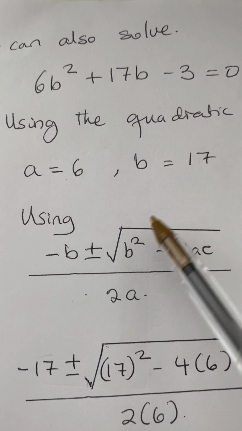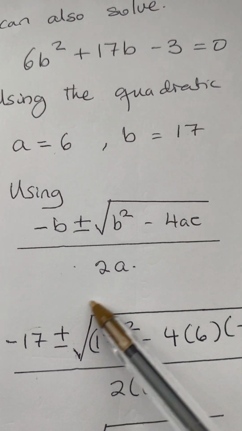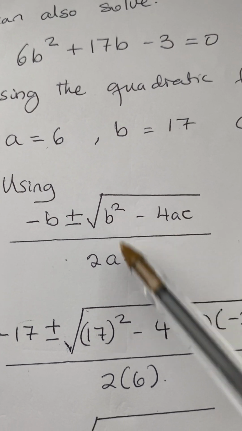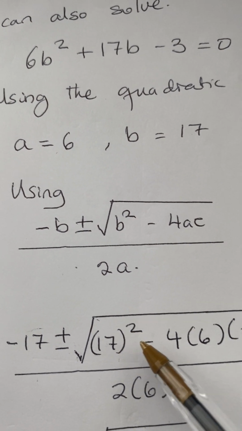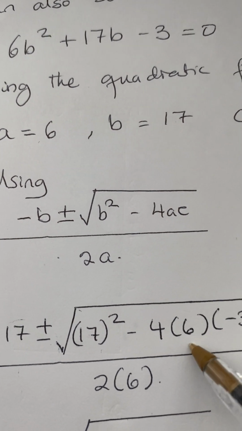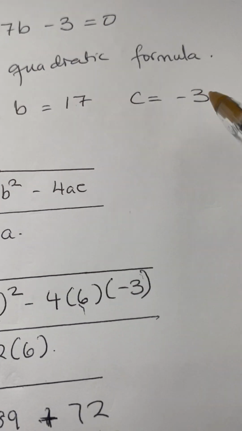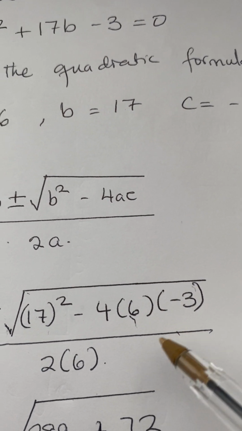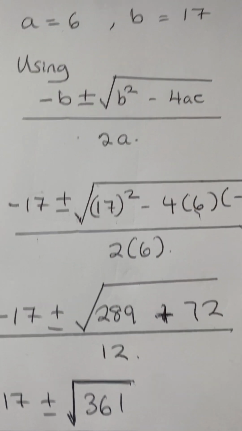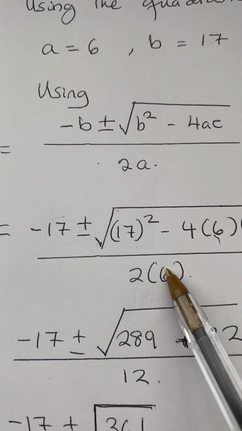We have minus 17 plus or minus the square root of 17 all squared minus 4, a is 6, and c is -3, and then all over 2, a is 6 again.